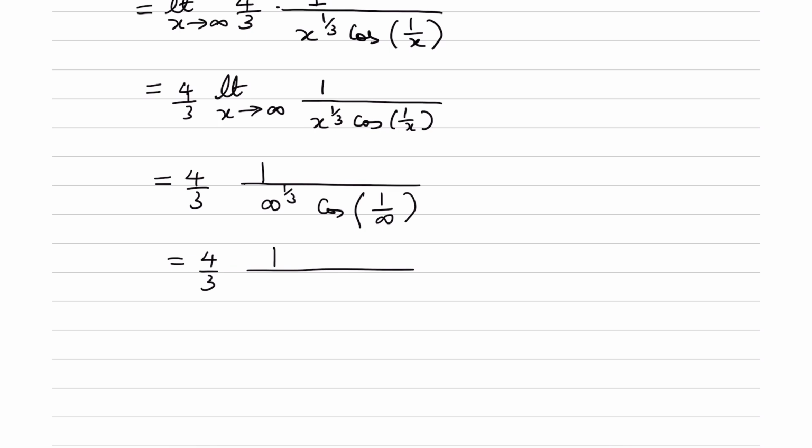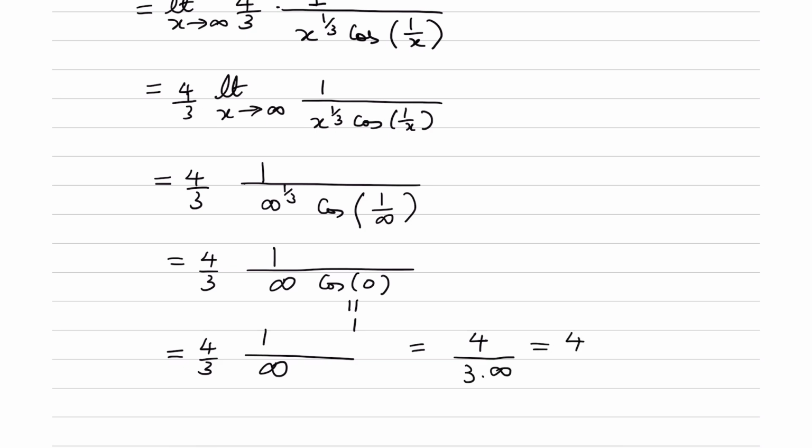Infinity to the power 1 over 3 is just infinity. 1 over infinity is 0, so we have cos 0. Cos 0 is 1, so we have in the denominator infinity into 1, which is just infinity. 4 by 3 into infinity is just infinity, and 4 by infinity is 0.